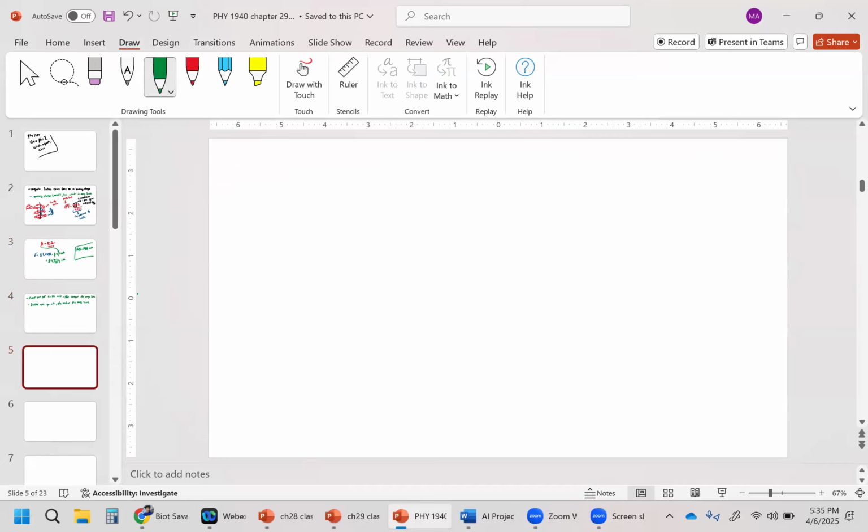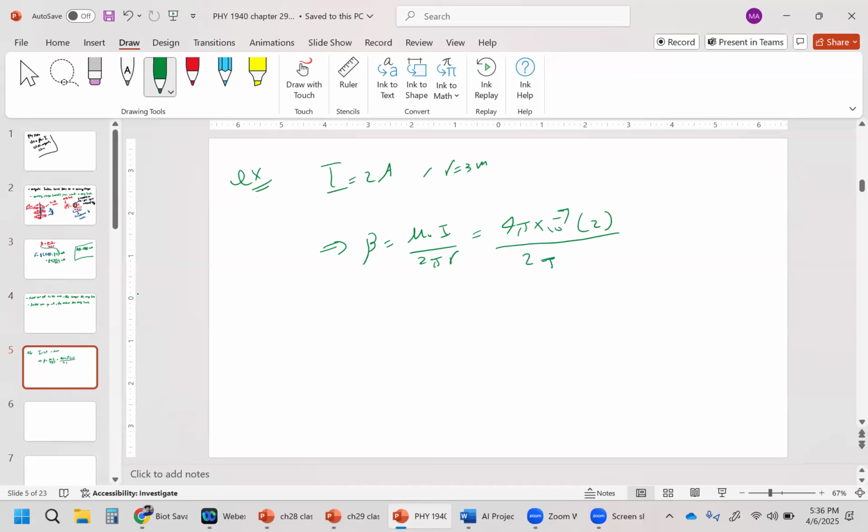So for example, let's say our current in this case would be 2 amps and our radius is 3 meters. That means our magnetic field in this case will be mu naught I over 2 pi r. And in this case, it'd be 4 pi times 10 to the negative 7 times 2 for your 2 amps divided by your 2 pi times your 3.